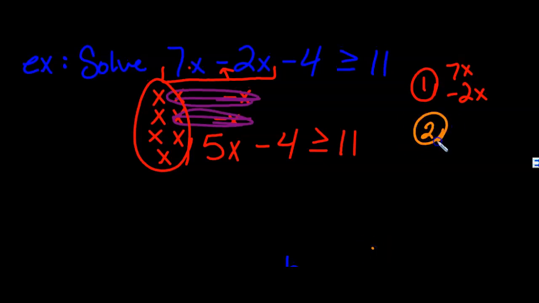Step 2, as you recall, was undoing addition or subtraction. Here we see the x is being multiplied by 5, but it's also being subtracted by 4. So we have to undo that subtraction. Instead of subtracting, we need to add.